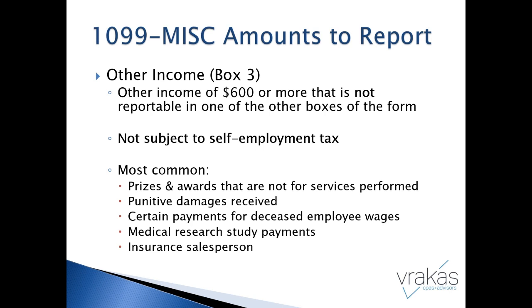For deceased employee wages, the one thing to note is that you could have to issue a W-2 and a 1099 in the same year that they passed, but in the year after passing, then it would only be a 1099. It would not be both. There are some specific rules regarding that, but any earnings that they made before they passed would go on the W-2.